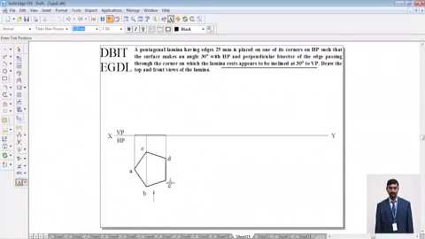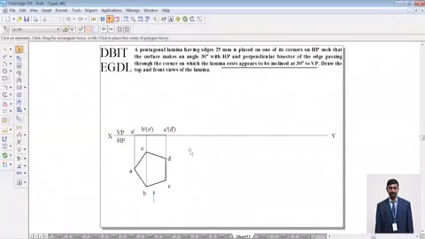D is hidden with C and E is hidden with B. So this is A dash, B dash of E dash, and C dash of D dash. So this is the first position.